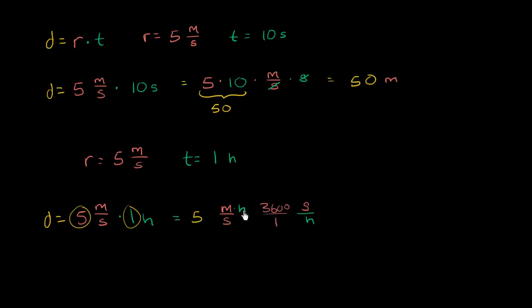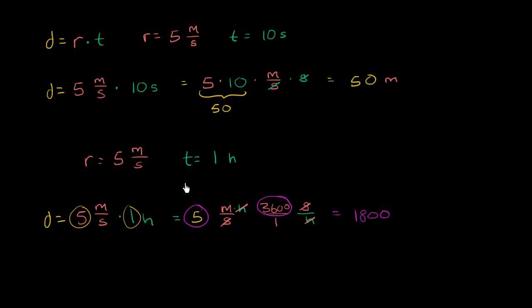So when you multiply, these hours will cancel with these hours, these seconds will cancel with those seconds, and we are left with 5 times 3,600. What is that? 5 times 3,000 would be 15,000. 5 times 600 is another 3,000. So it's equal to 18,000.